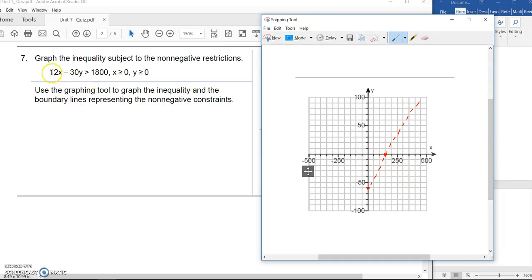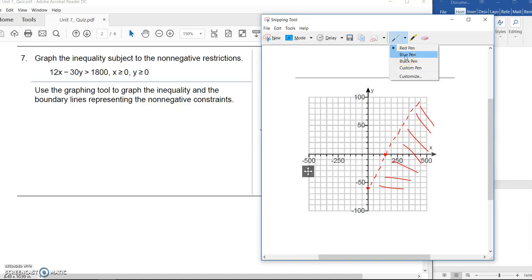So plugging in 0, 0 would give me 0 greater than 1800, which is not true. So it's going to be this bottom side. So it's like here, here. So all this bottom side is shaded. And notice there is a non-negative restriction. X and Y are both positive.